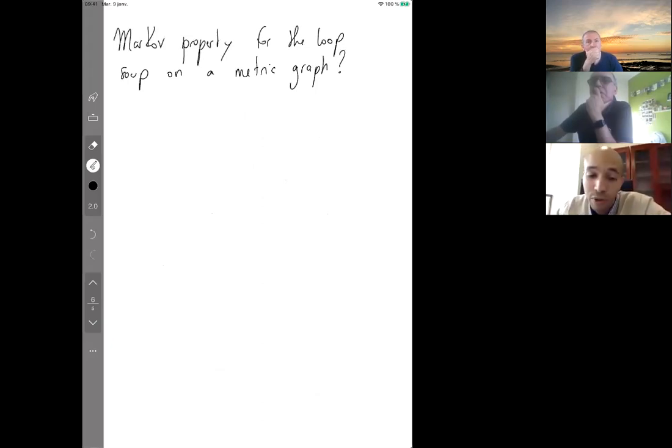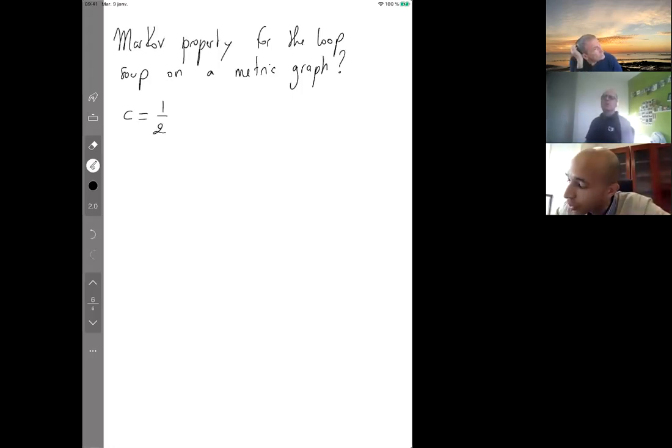The answer is no in general, but there is a special case, which is when the intensity is equal to 1/2. And actually this special case is related to the Gaussian free field. For this intensity, you will indeed have a Markov property. So that's what I want to present now.